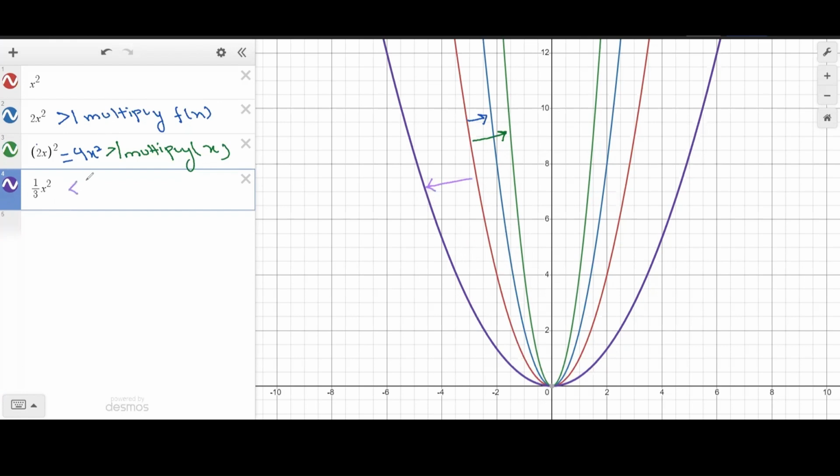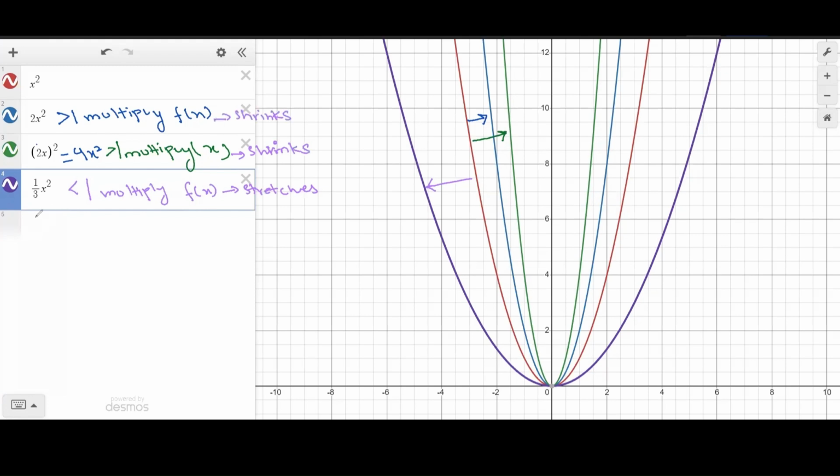When we multiply a number to the output of the function that is less than 1, then the function basically stretches, right? It stretches. Here it shrinks, and here as well it shrinks.